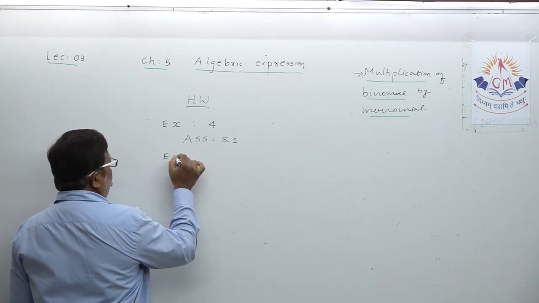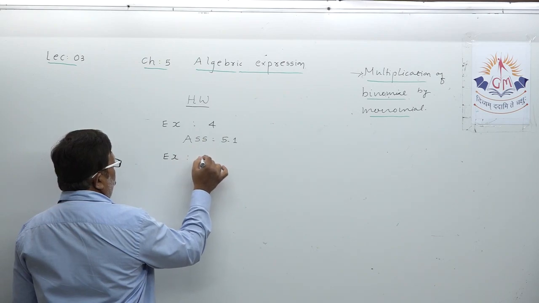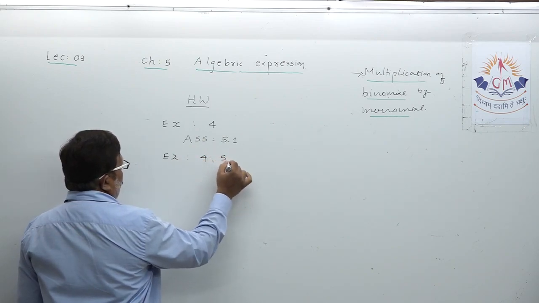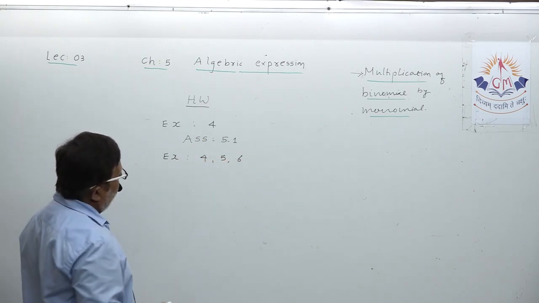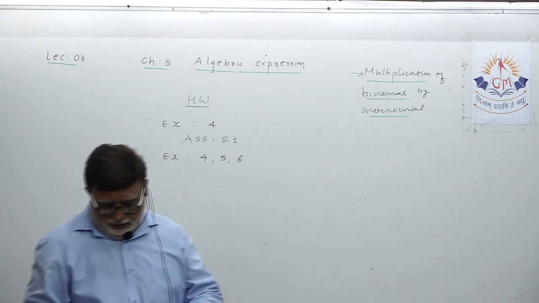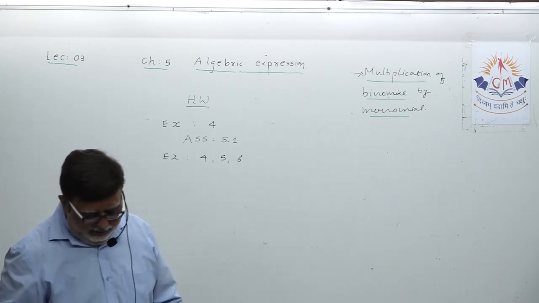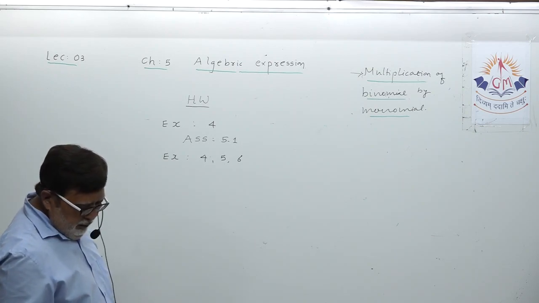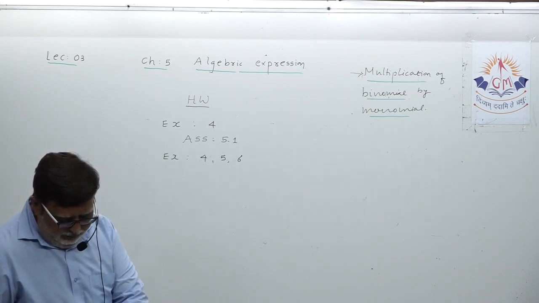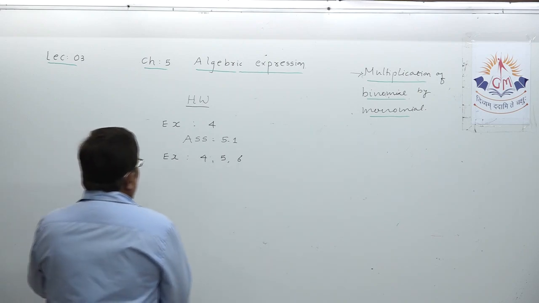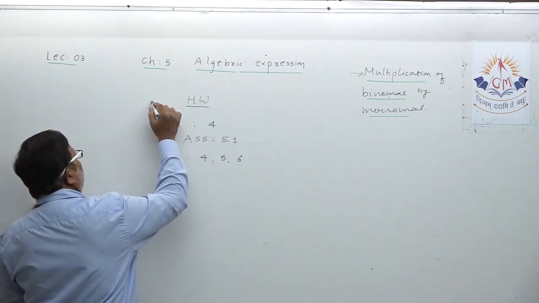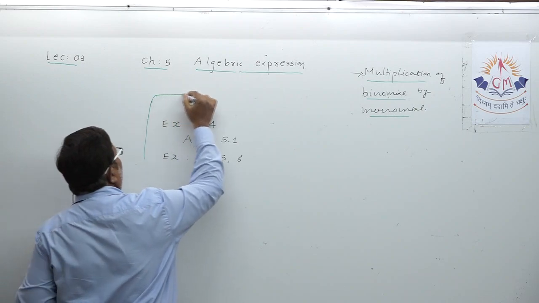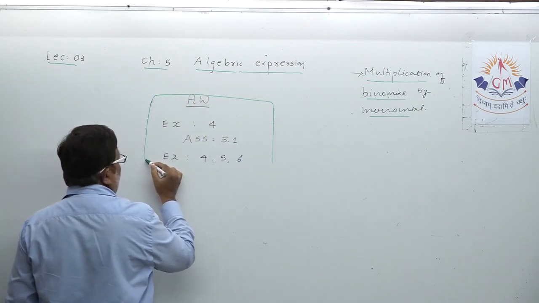Means I am writing example only, that is 4, 5 and 6. This is your homework, okay, for today's lecture. Understood? Right? Complete this homework in your book. Understood? Homework for lecture number 3. Okay.